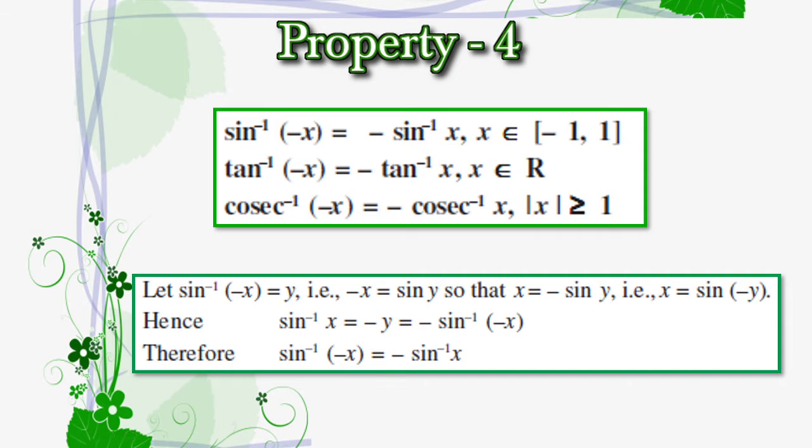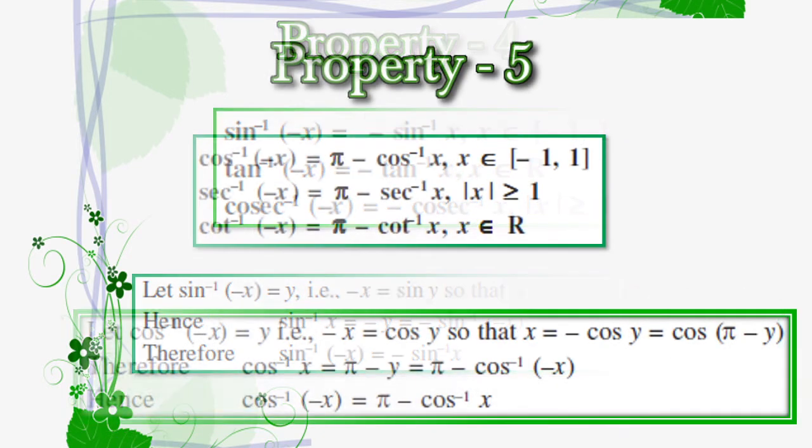Right, that's what we have learned in class 11. So x equal to sine of minus y. So sine inverse x is equal to minus y, taking sine inverse to both sides. And what is y? Let's put the value: minus of sine inverse minus x. So sine inverse minus x is equal to minus sine inverse x. This is the answer. Same way you can prove remaining two results.